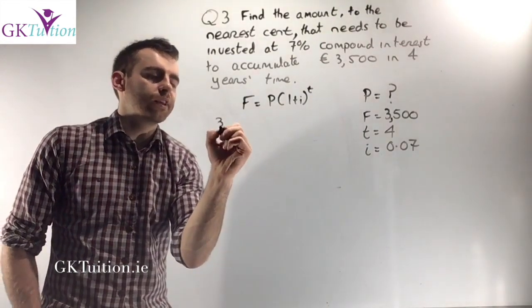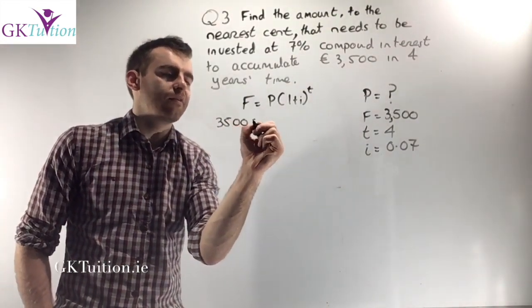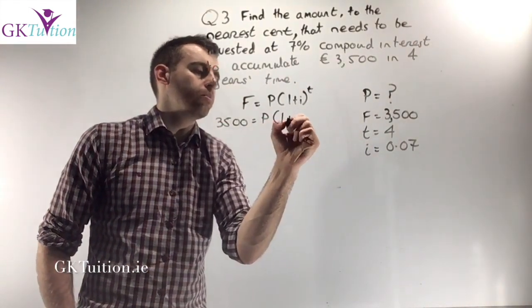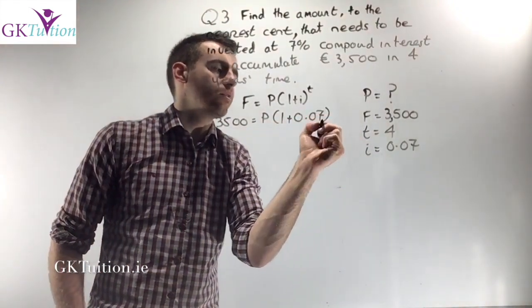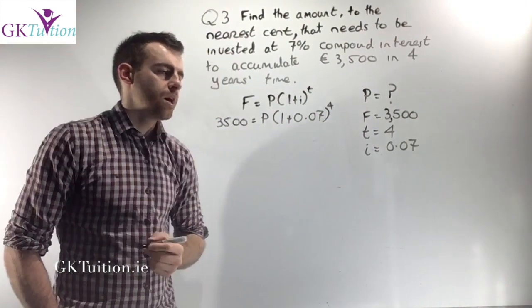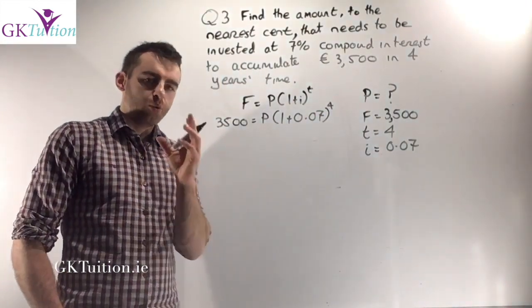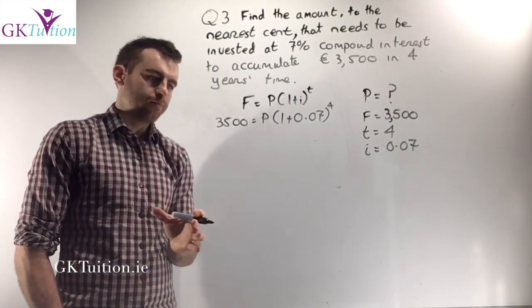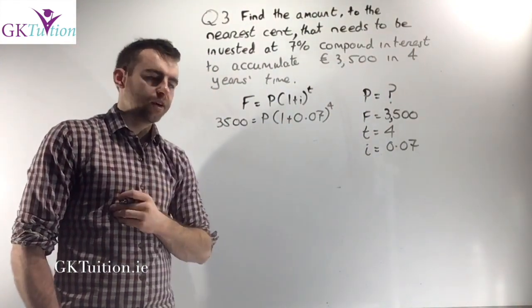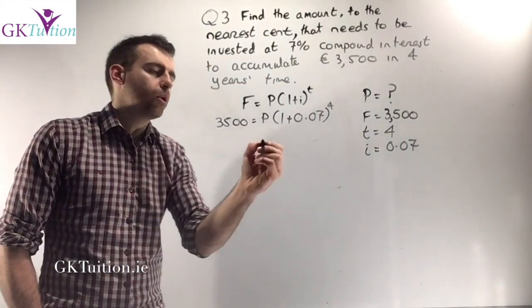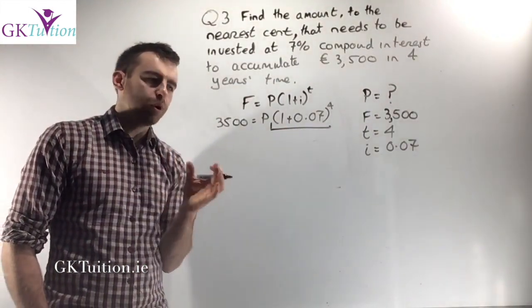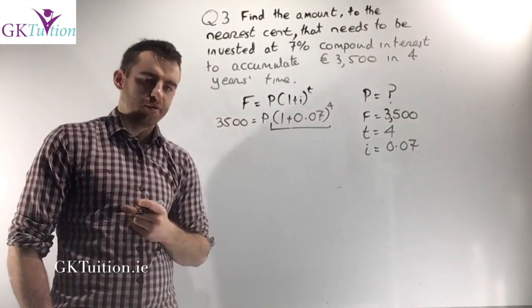I want to have €3,500 at the end, that's my final value, which must be equal to P times 1 plus 0.07 to the power of 4. Now we've got one equation and one unknown, which means we can find the value of P. In order to find the value of P here, what we need to do is divide both sides by the coefficient of P. We're going to divide both sides by this bracket to the power of 4.